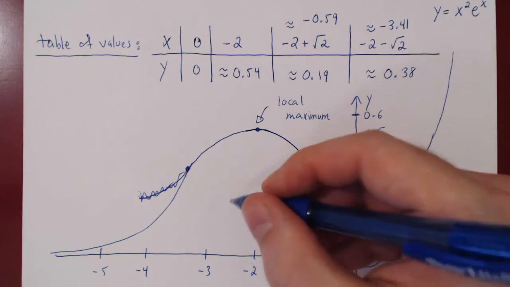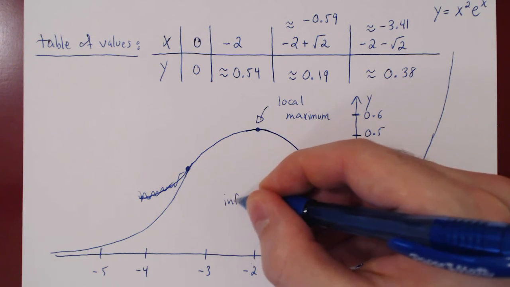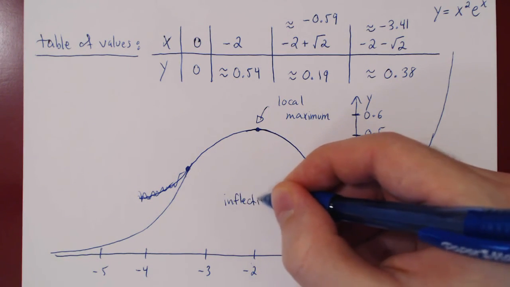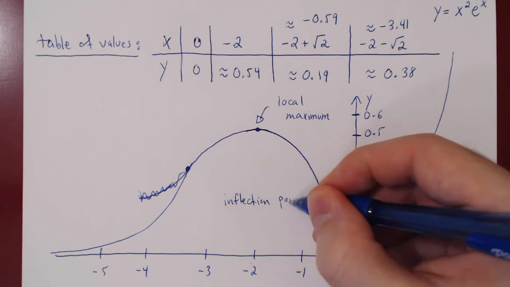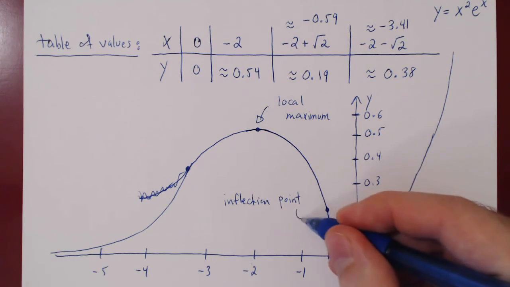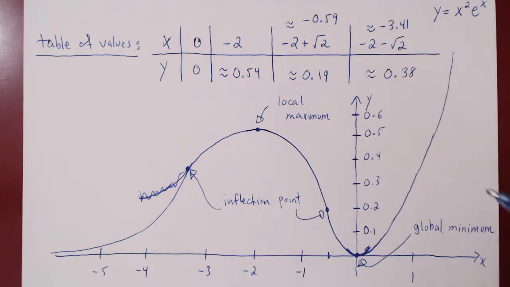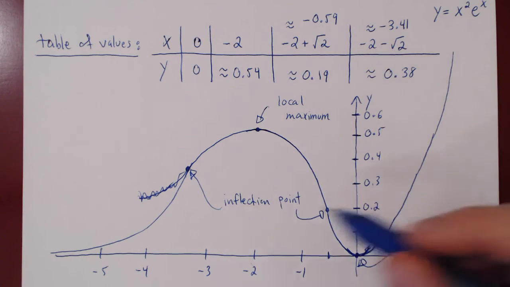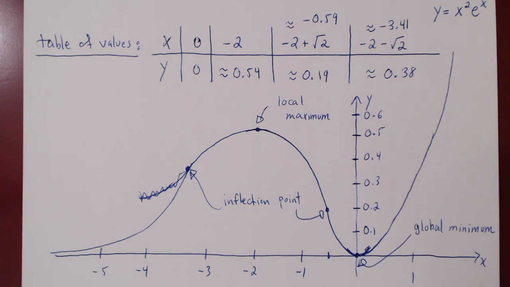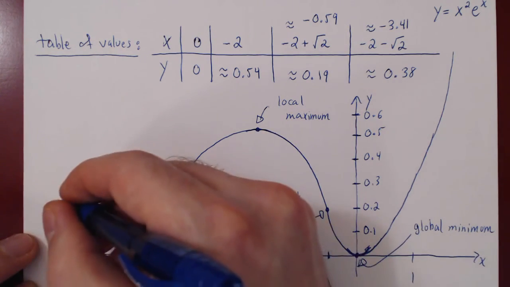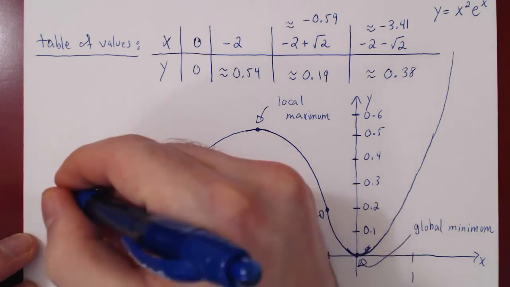So both are real inflection points. And lastly, we have no vertical asymptotes, but we do have a left horizontal asymptote, and y is equal to 0.